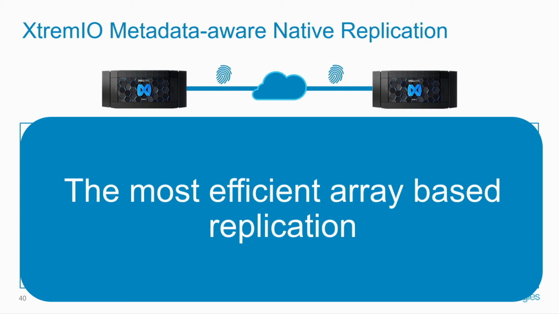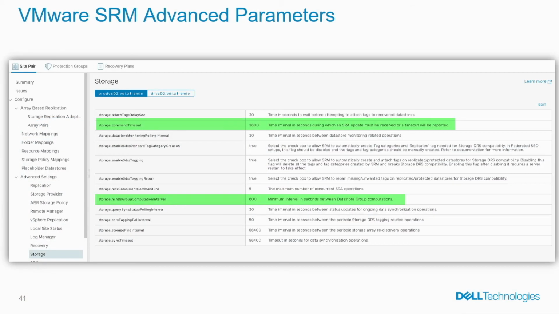So this is the most efficient array-based replication today. And one of the products that use it is VMware Site Recovery Manager. From tests that I've made, I managed to fail over a full site of 200 data stores and 2,000 Windows virtual machines in less than 30 minutes, which is really good.